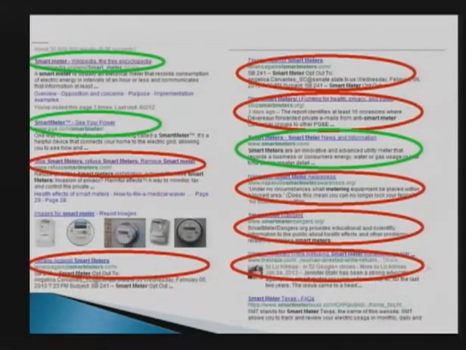So they think smart meters are bad things. And just 3 of them, I use green circles to illustrate, are positive results. And actually, the first result should not be counted as positive because it's from Wikipedia. So we can see from that, most people do not like the smart meters. That's something interesting. So why?